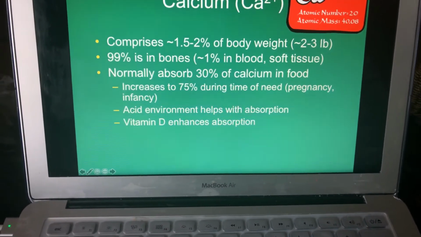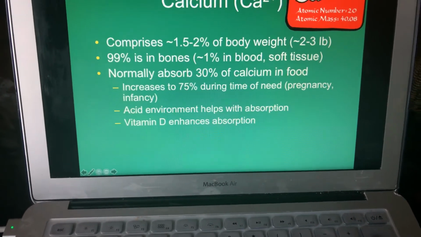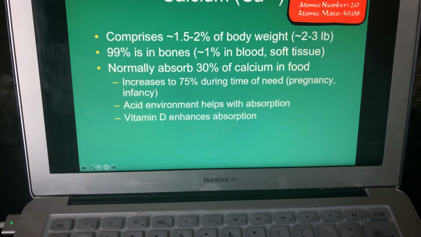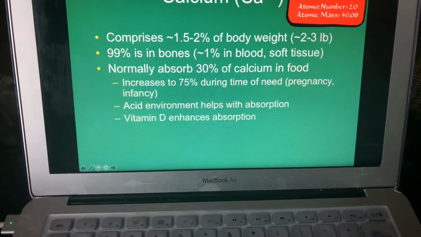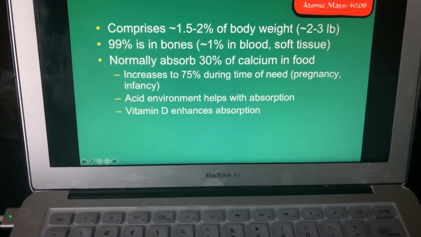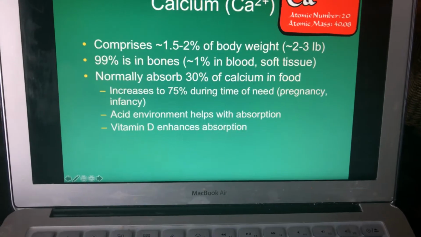Now, remember I talked about things that increase absorption of vitamins, which also increases the absorption of minerals. The absorption increases to 75% of your intake when you're pregnant or when you're a kid and need more for bone growth. An acid environment helps with the absorption.